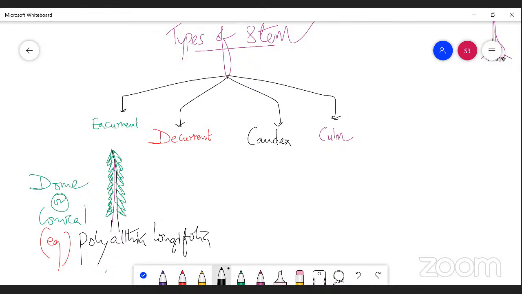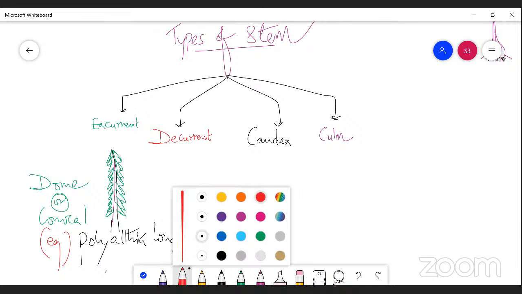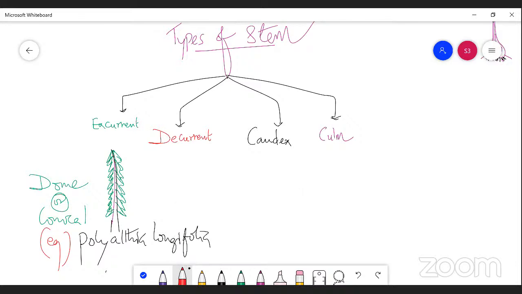What does decurrent mean? In this stem, the lateral branches grow faster than the growing point or main axis. Hence the growth of the stem is very wide.